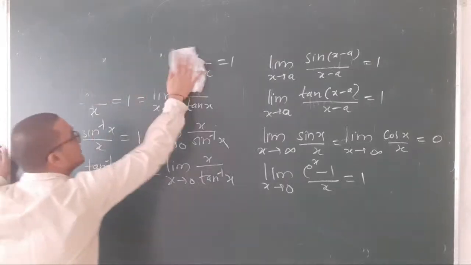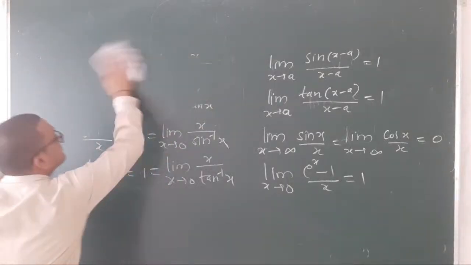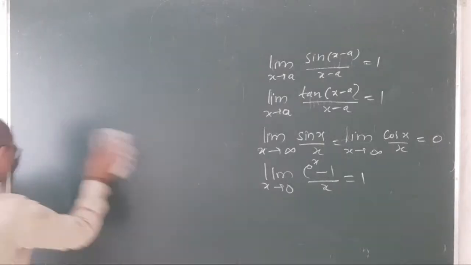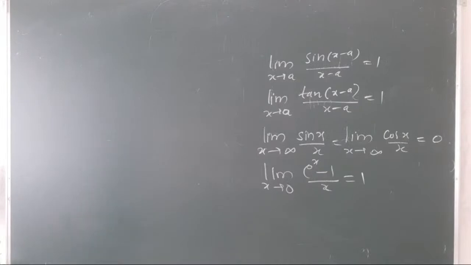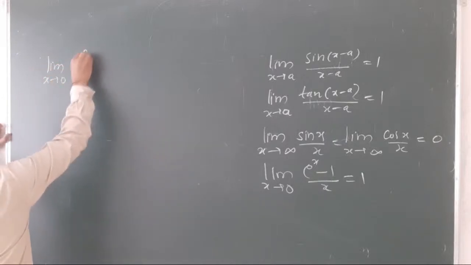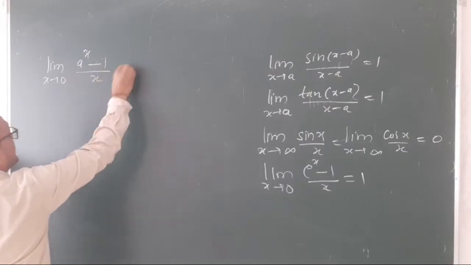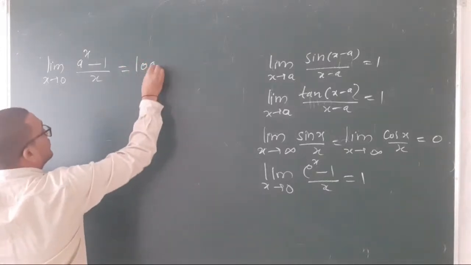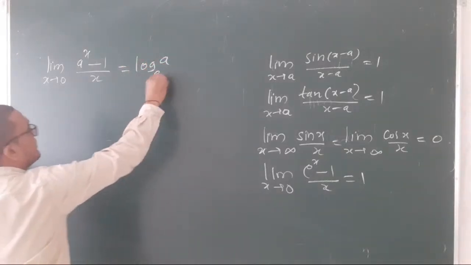Let me write some more results here. Limit x tends to 0, a to the power x minus 1 upon x is equals to log a to the base e.